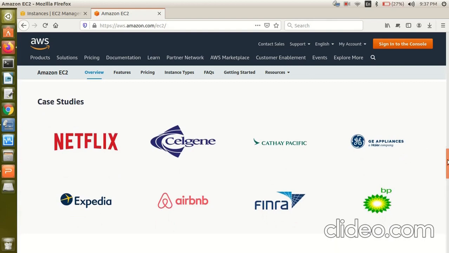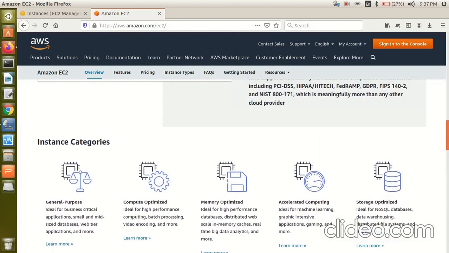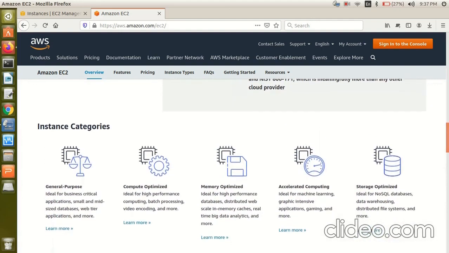AWS EC2 servers are basically virtual computers that are created on hypervisor applications, and these hypervisor applications are installed on computers present in the AWS data center. These virtual computers are called instances. AWS provides us with 5 different types of instances depending upon our usage scenario.